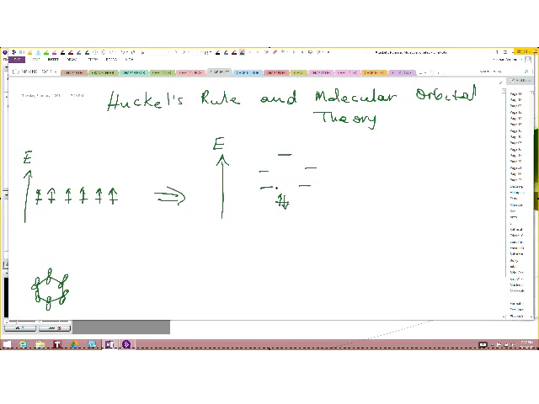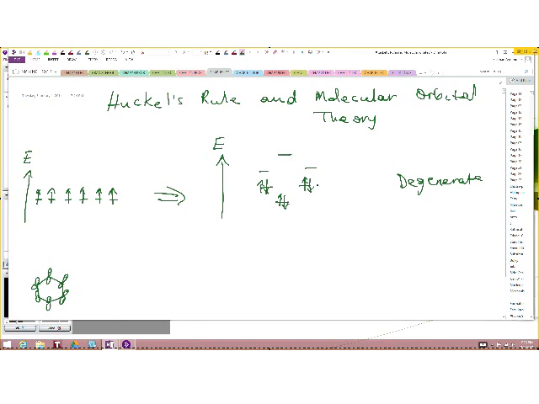The lowest one takes 2. These 2 here, which are the same energy, we say they are degenerate. Degenerate simply means they have the same energy, so you give them the same amount of electrons.